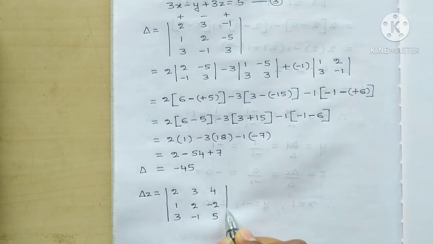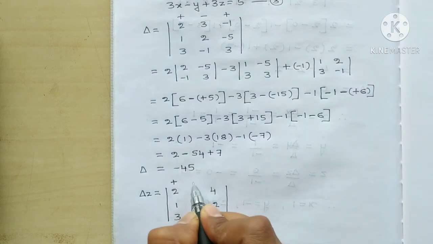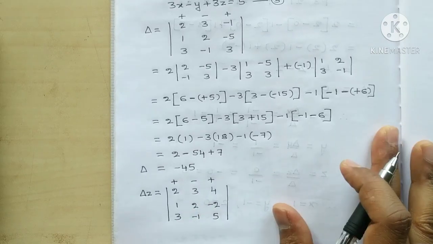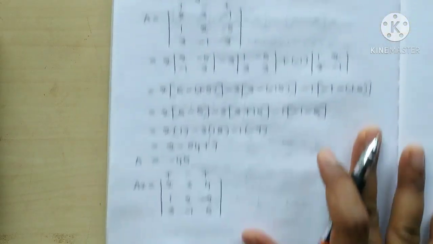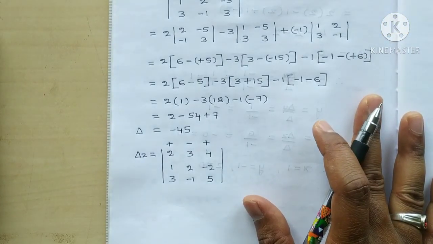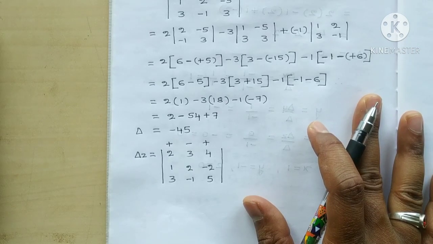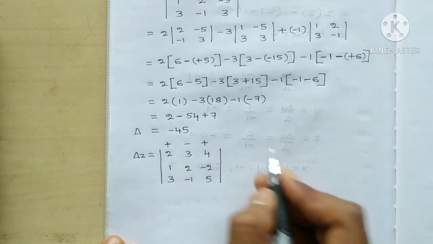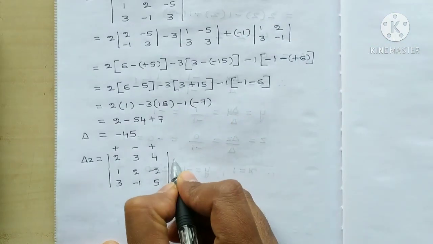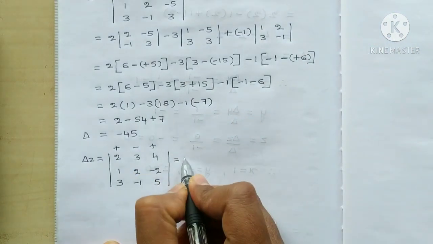So again third order form, top you mention plus minus plus. See why I am finding here delta z, because question is only to solve for which value here? Z value. So now apply the rule. So which is equals to, so here I am going to solve, which is equals to first 2.